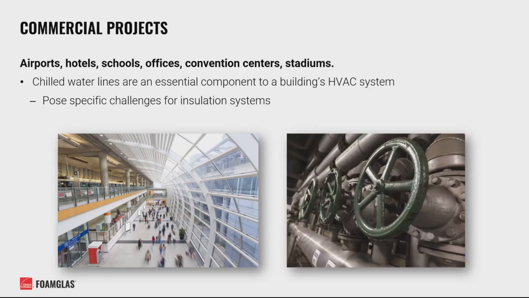Each of these facilities brings with it many challenging components and obstacles to design around. Chilled water lines within the HVAC commercial cooling systems are no exception, and the insulation systems that are installed on them are a common area where reinstallation after initial construction may be required due to unanticipated system failure.